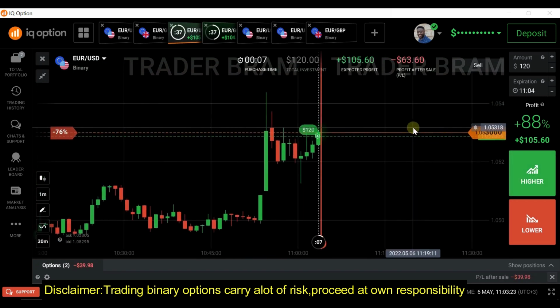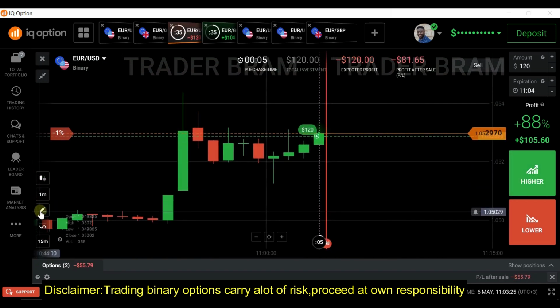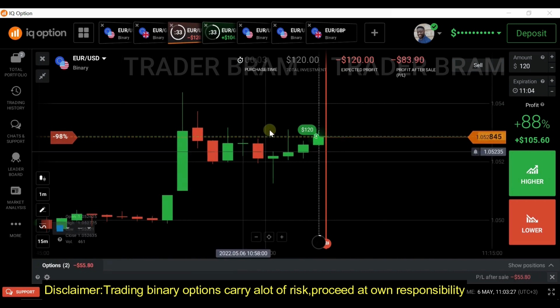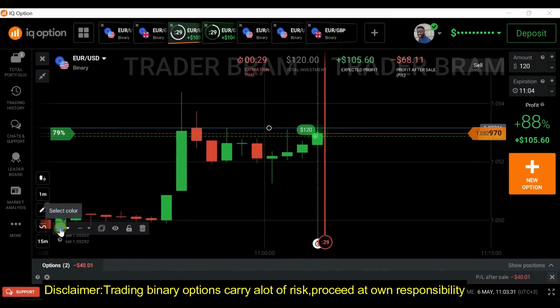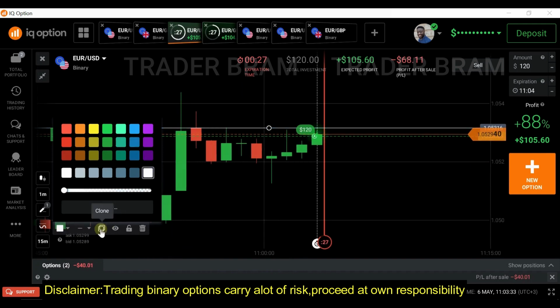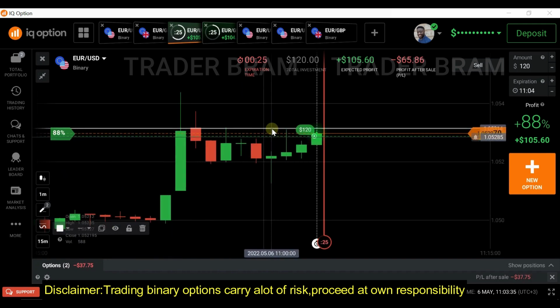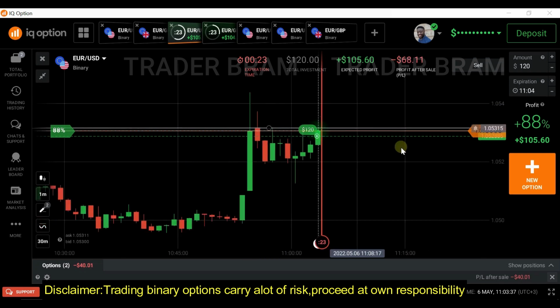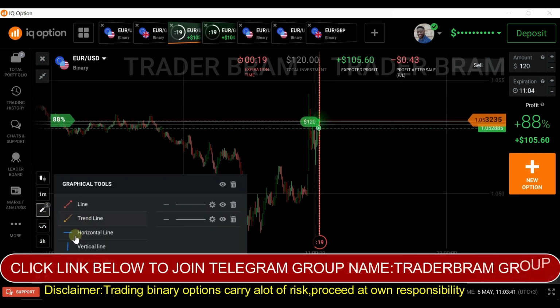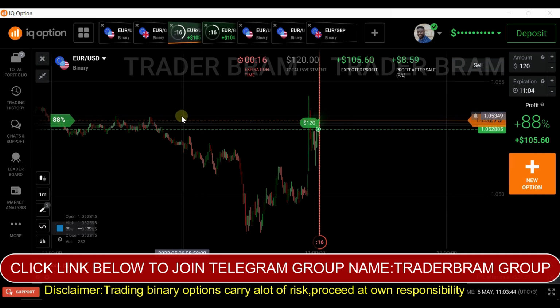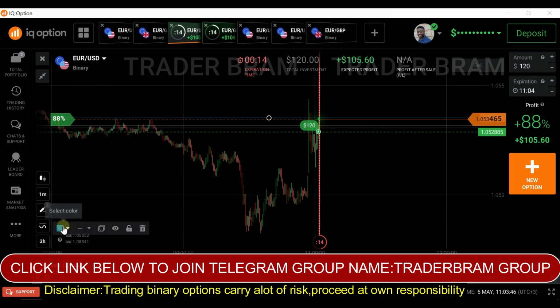Here I expect the market to move more higher. So that's our next level of any possible seller's entry. When we check on the left, we have another area here.